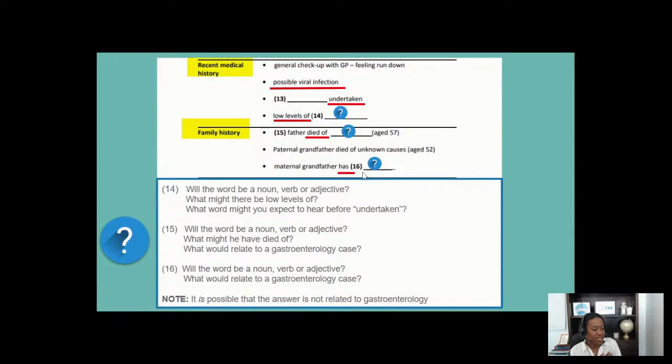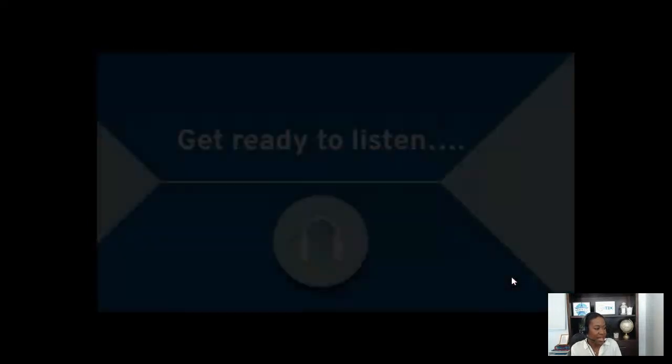Okay, and then number 16, similarly, we can think of a condition. We know it's the family history, and we're likely to be looking at health conditions. Okay, so let's move on and try this out.